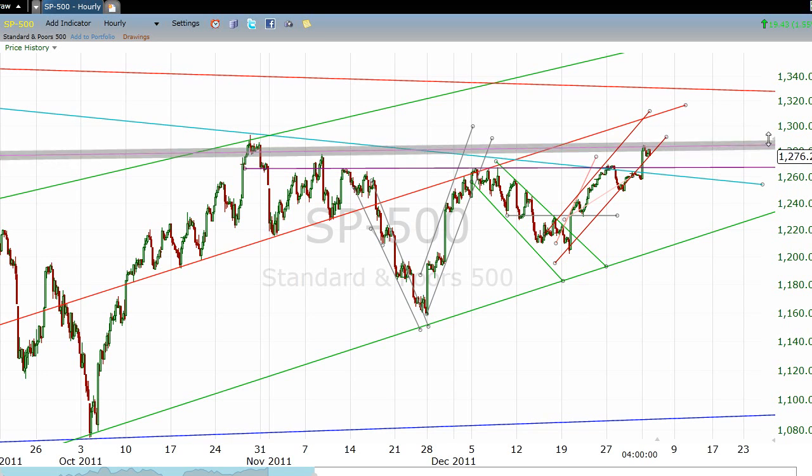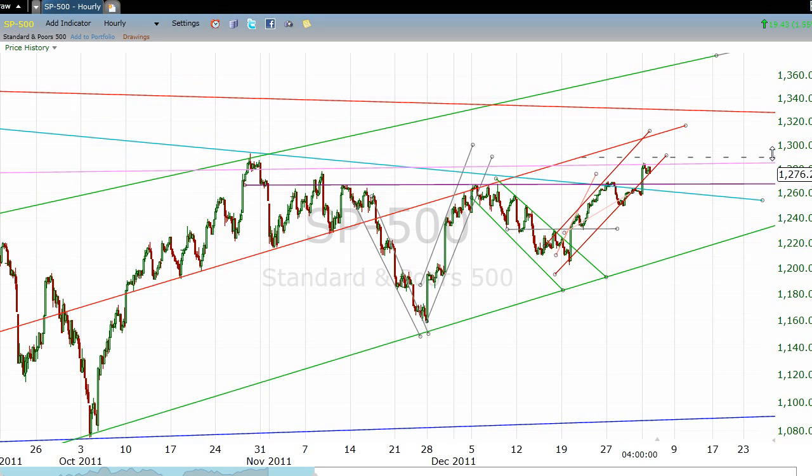So if we continue to get some strength, and again, I'd like to see us stay above that neckline. If we could stay above this neckline right here for a couple of days, and that's around roughly the 1268, 1270 area, then I think that should be enough evidence for us to begin to look for this pattern to eventually make its move up to retest this 1370, 1380 area.